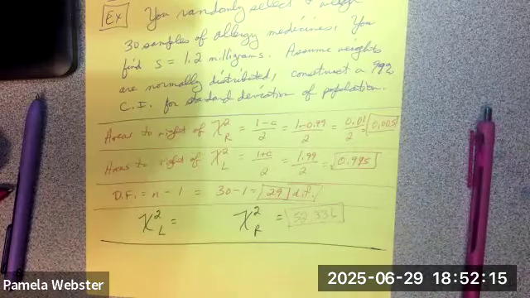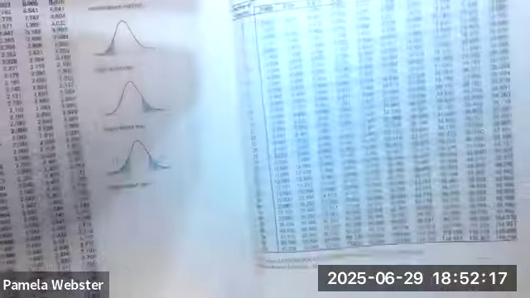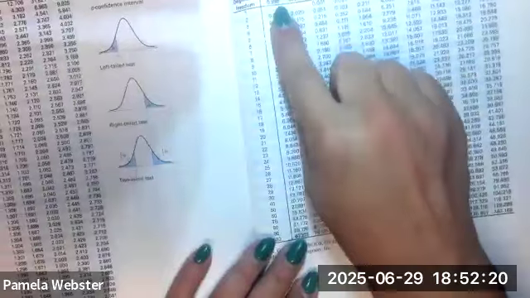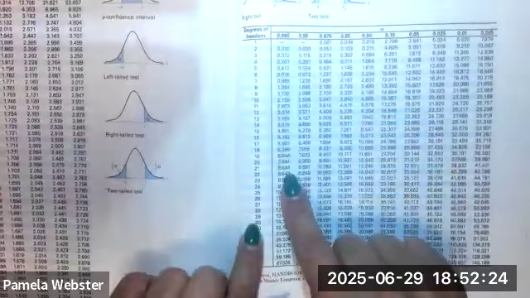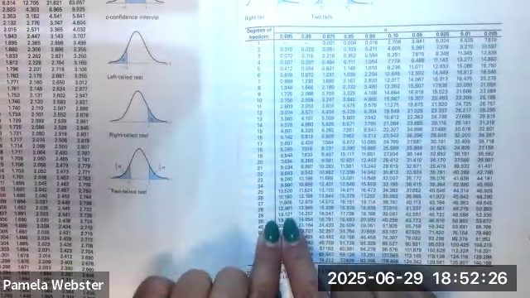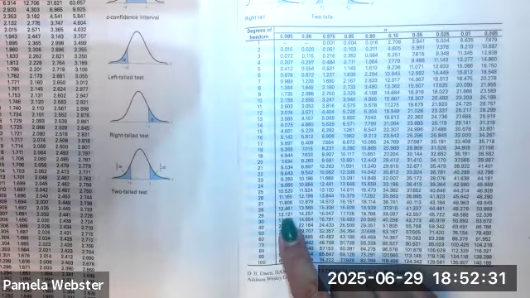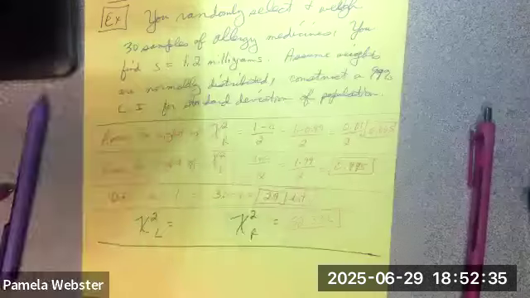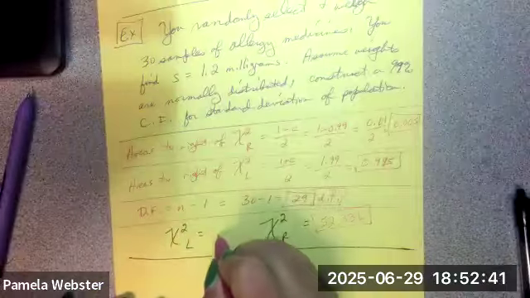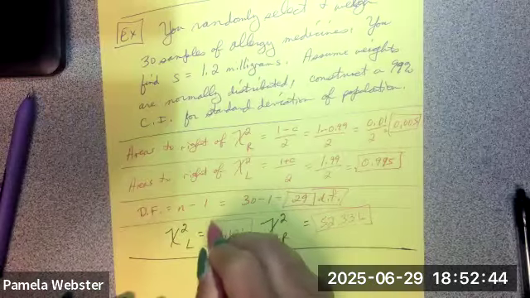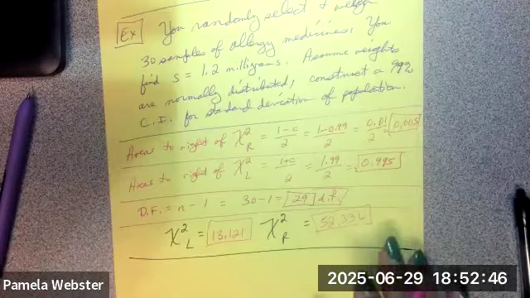And for the left-hand guy, the 0.995, which is 99.5% of the area on the right-hand side of that left guy, with 29 degrees of freedom, here we are: 13.121. Okay, so those give me my two numbers.